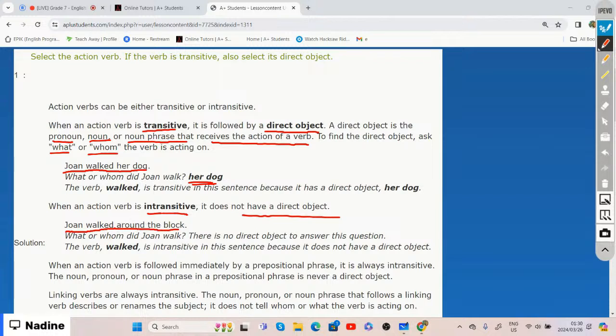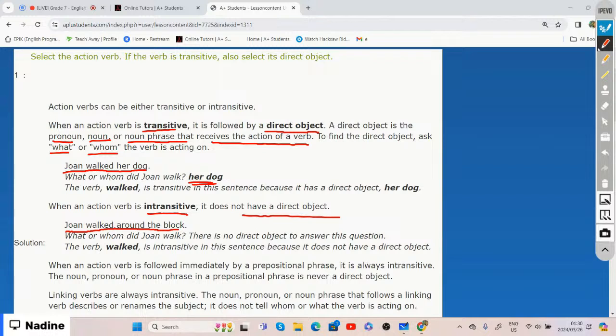Remember, a direct object is a pronoun, a noun, or a noun phrase that receives the action of the verb. An intransitive verb does not have a pronoun, a noun, or a noun phrase that receives the action of the verb.